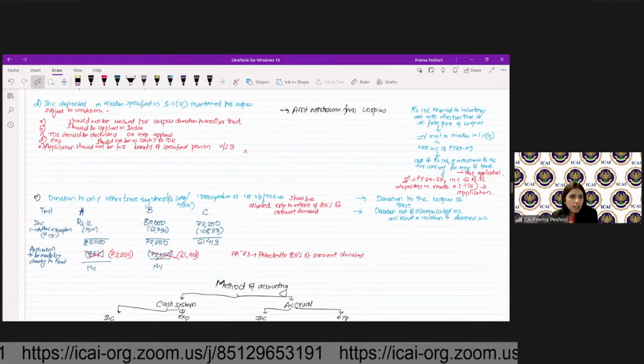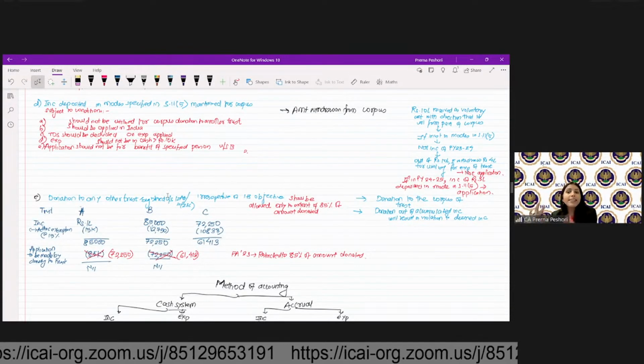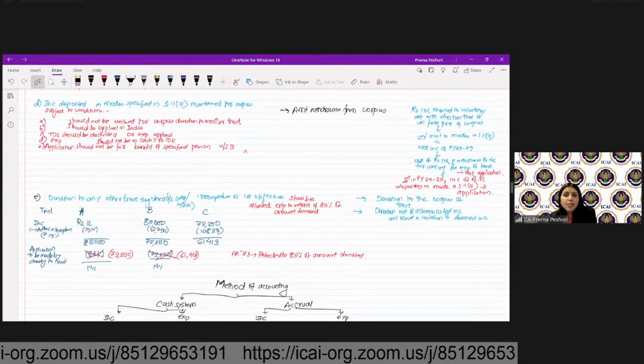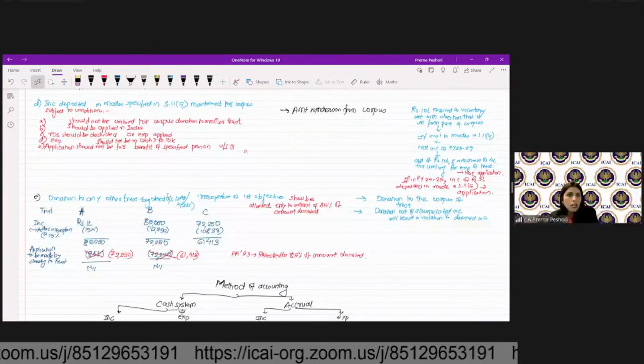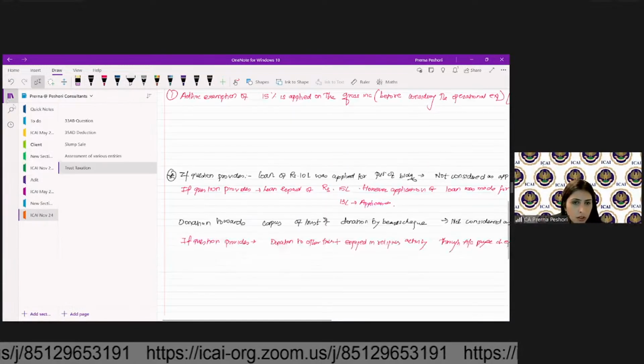Are we getting that? So the application here will not be the entire 1 lakh, but 1 lakh into 85%. Just write it down over here.